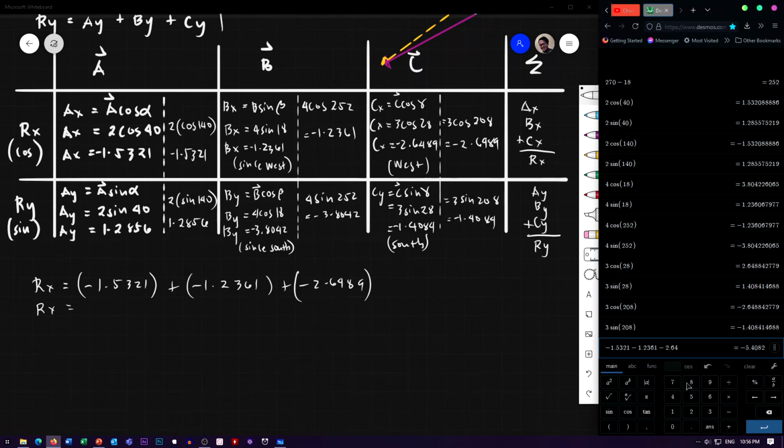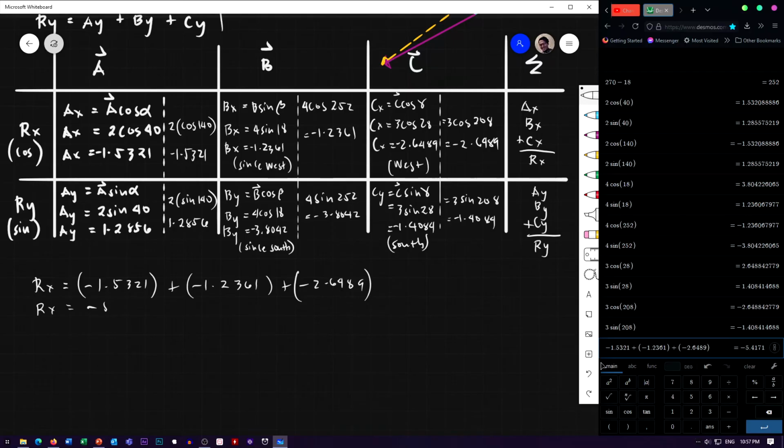It's the same as if you place parentheses here, then this is add. It's going to be the same. So our answer is negative 5.4171. Our unit is of course in kilometers.